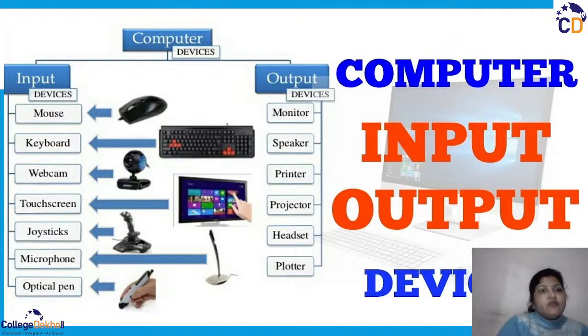Let us move to the first part, that is input devices. What are input devices? The first input device is the mouse. Everyone nowadays is using the mouse to handle the information, because it is more compatible than, say, using your fingers on the laptop or the phone.